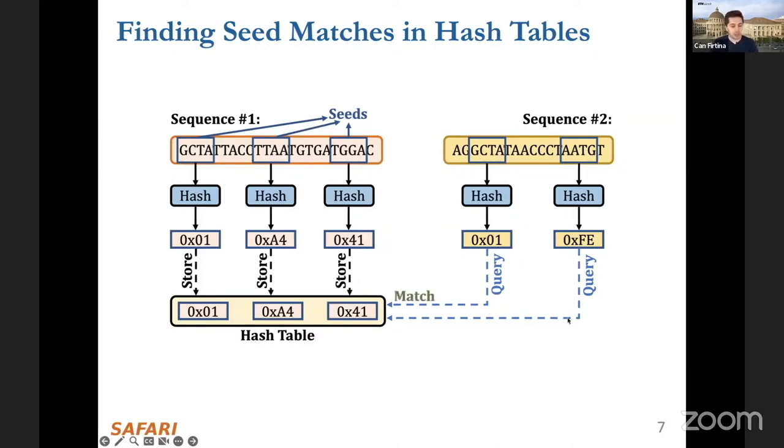After querying the hash table, it will quickly tell us whether there's a match, meaning that hash value exists in the hash table, or no match. This is pretty beneficial for us to quickly reduce the search space, as we covered in the previous slide, from the entire reference genome to particular regions in the reference genome.